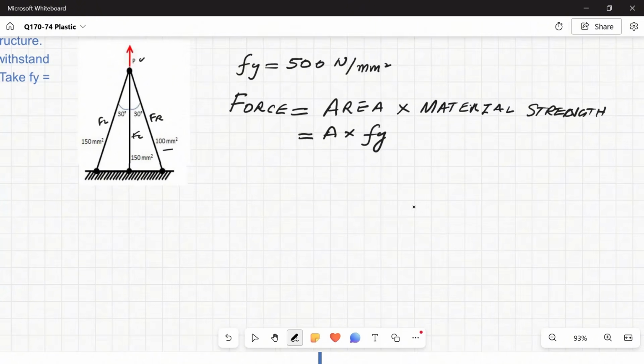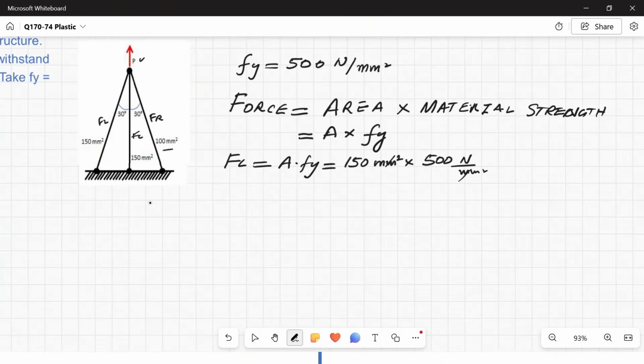So first I will find out Fl. Fl is equal to A times Fy, and the area of the left is 150 millimeter square, and Fy is 500 Newton per millimeter square. Millimeter square and millimeter square will get cancelled, and I will have the value of force in newtons.